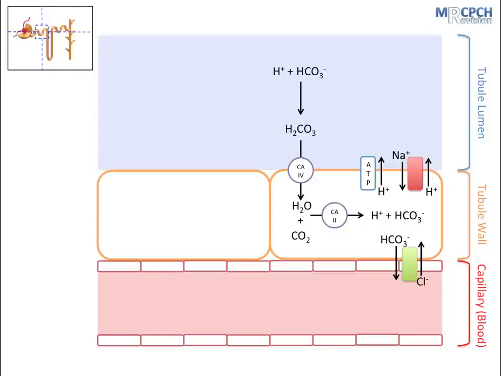The bicarbonate is then exchanged with chloride from the circulation, and is reabsorbed into the circulation. And the protons are either actively secreted by a proton ATPase or exchanged for sodium from the filtrate. The protons are then excreted in the urine, and the bicarbonate is reabsorbed into the blood. So the proximal convoluted tubule accounts for roughly 70 to 80% of the reabsorption of bicarbonate back into the circulation.